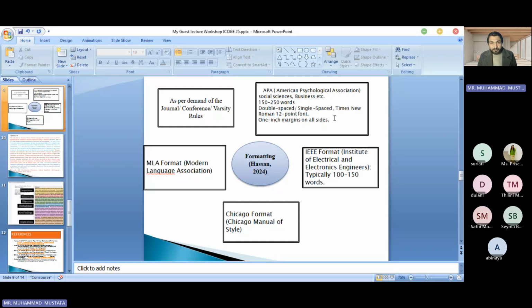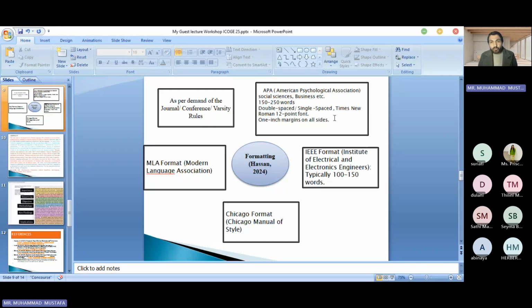And if you are crafting your abstract, 150 to 250 words are found in an abstract. According to APA style, we need to cover the abstract within 150 to 250 words. Double spaced or single spaced, we have an option. Single space if the length is long.